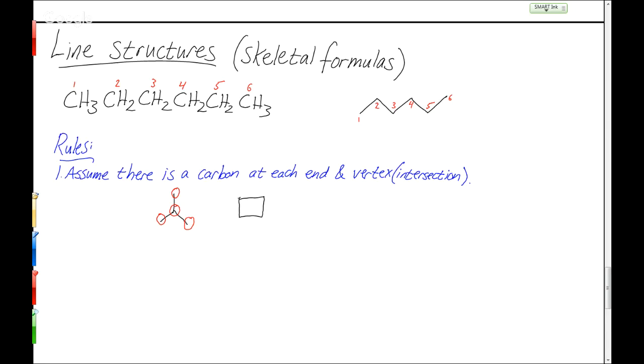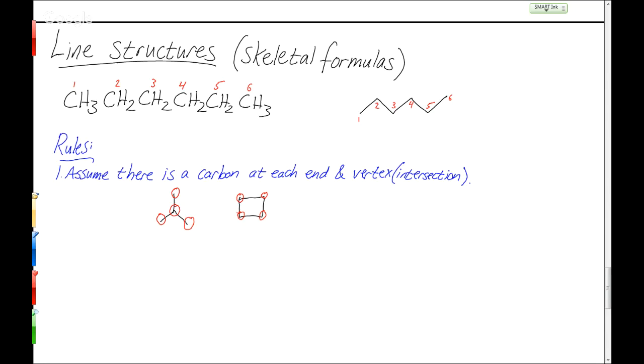Now that's a square, obviously, or a rectangle or whatever. But if we think of it as a line structure, what does it tell us about how many carbons are there? Using those rules. There's 4. Still 4, right? Each corner of the square is an intersection, can be thought of as an intersection of 2 lines. So those are going to be our carbons. So a line structure is just made of lines, but based on how they intersect and where they end, we can figure out where the carbon atoms are.